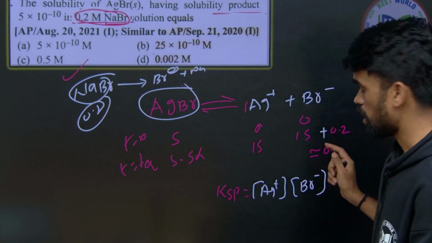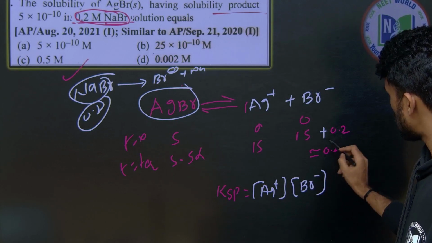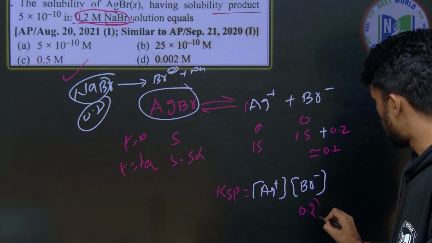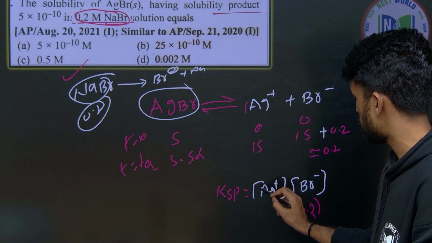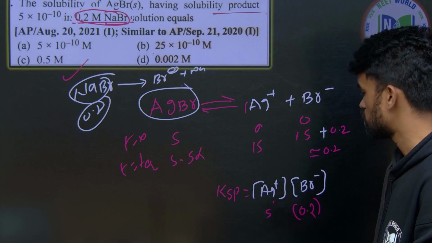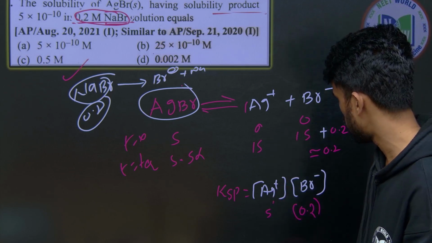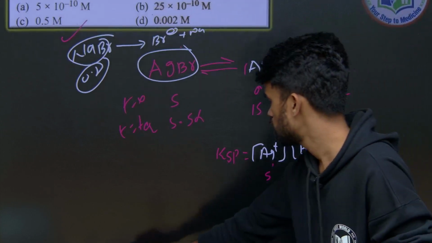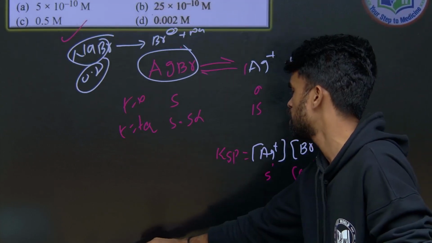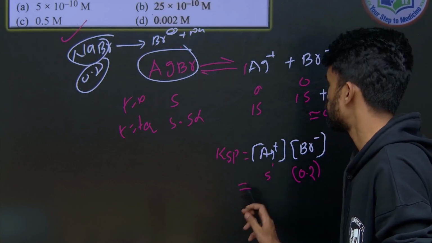Okay, I hope this is clear. So Br minus concentration is 0.2 and we need to calculate the concentration of Ag plus, that is S dash, the solubility in presence of common ion effect. If we calculate this S dash, we will get the final answer.